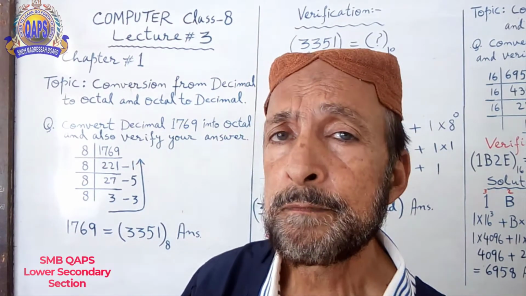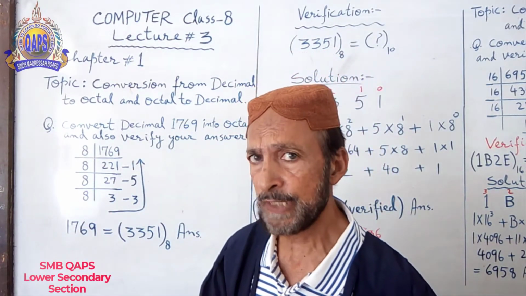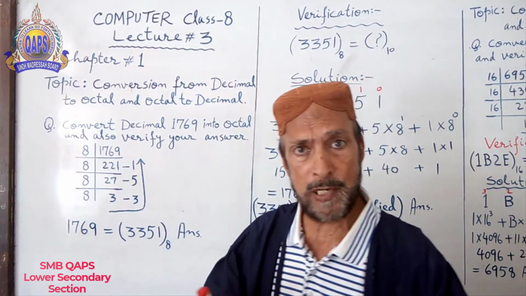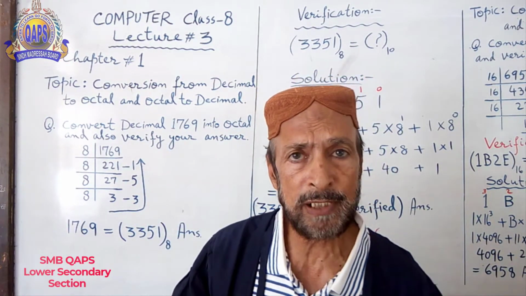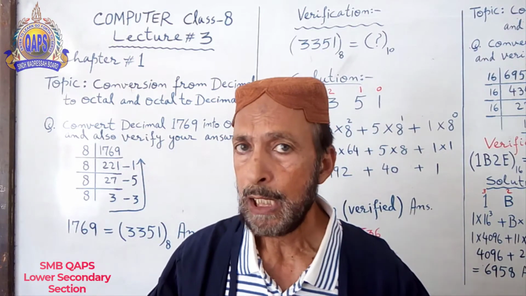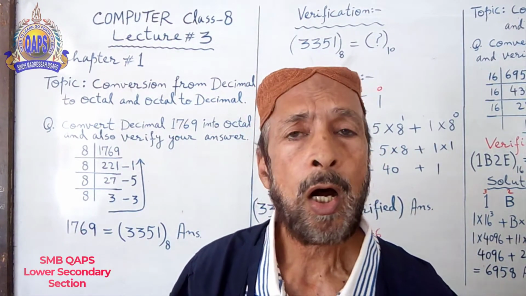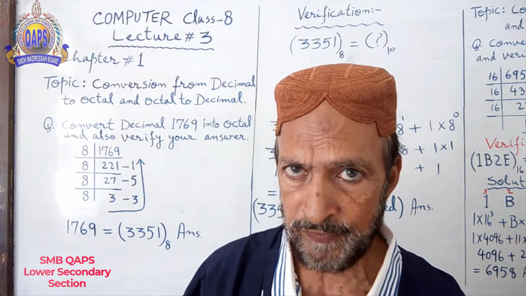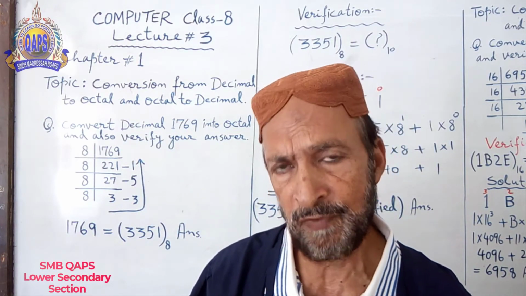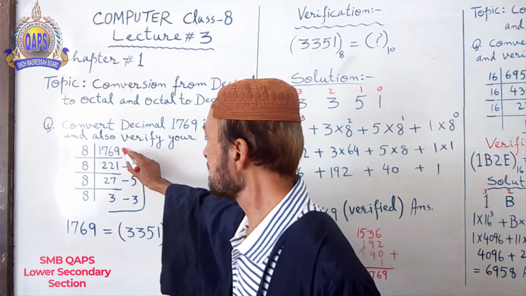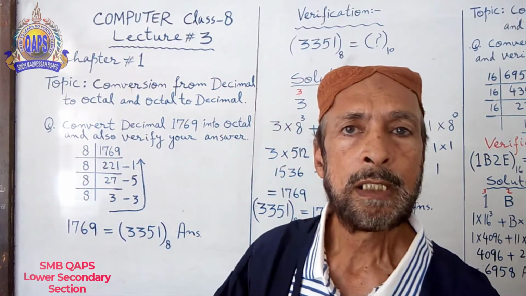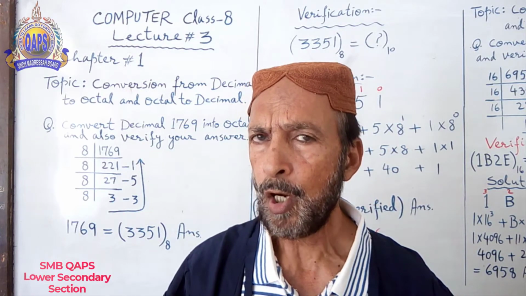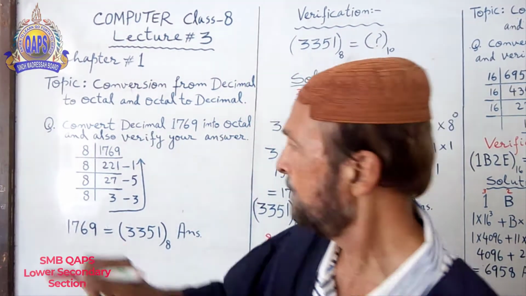Why 8? Because we want to convert the decimal number into octal and the base power of octal is 8. That's why we will divide this decimal number by the base power of octal, which is 8.